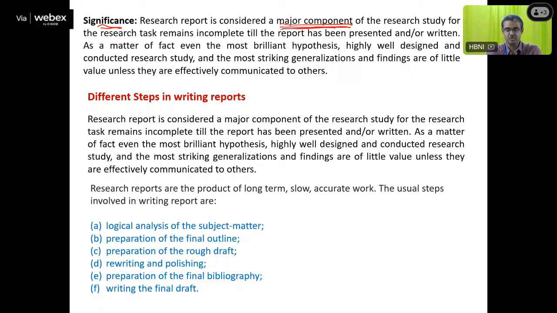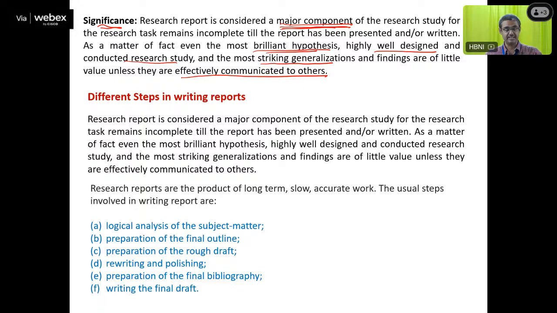As a matter of fact, even the most brilliant hypothesis, highly well designed and conducted research study, and the most striking generalizations and findings are of little value unless they are effectively communicated to others. So it is through the reports that you are communicating with the scientific community, isn't it? So it is very important.